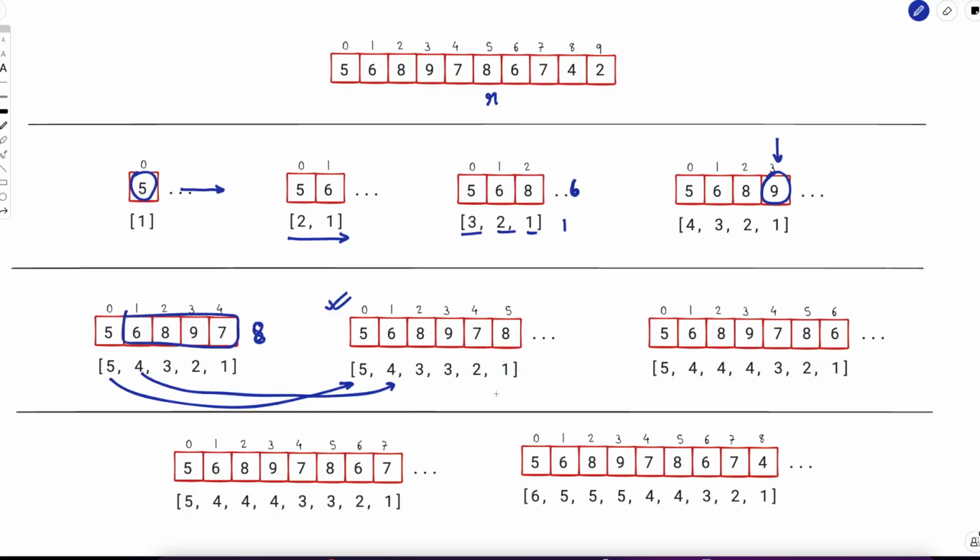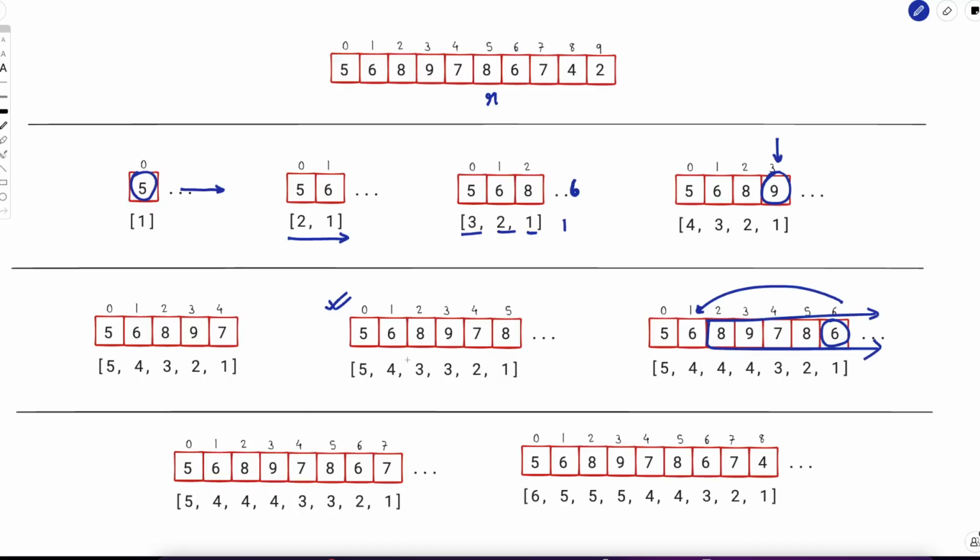Now, can we generalize this? Answer is yes. So we can actually generalize this, and you can see further as well. If we have added a 6, as soon as we cross the last 6 or this particular index, for everything else, this 6 is a new distinct element. So for everything else in this range, we are adding 1. For everything before this, they remain as it is, right?